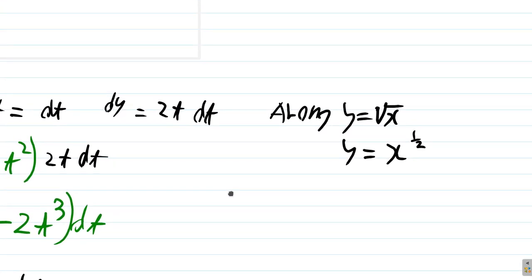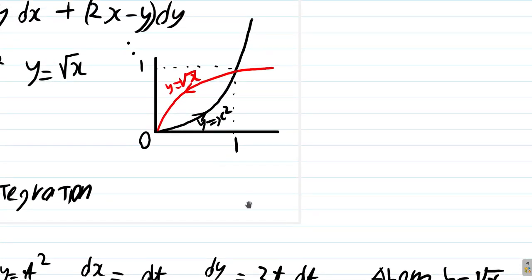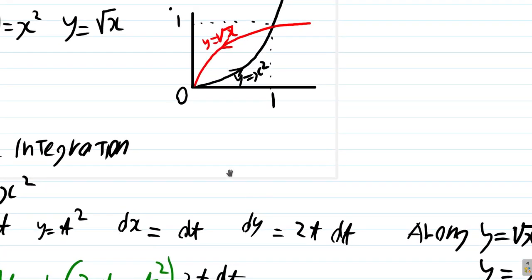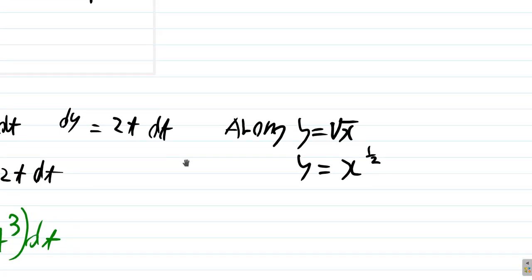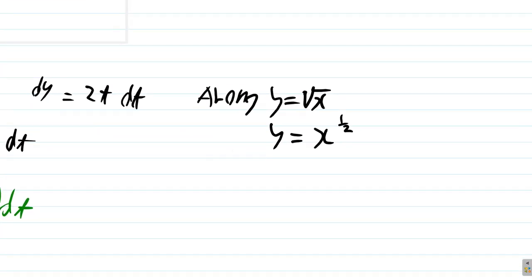Now we want to write it using parameters again. By standard you make x equal the parameter, and then just like how you have y equals something happen to x, you're going to have y equals something happen to the parameter. So let x equal t, y equal t to the half. See that?